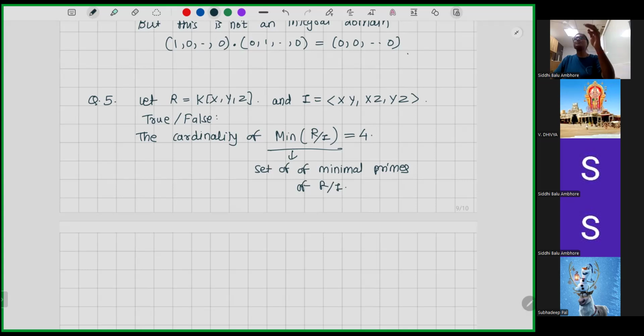So minimal primes means they are minimal in the spectrum of R/I, minimal with respect to inclusion.